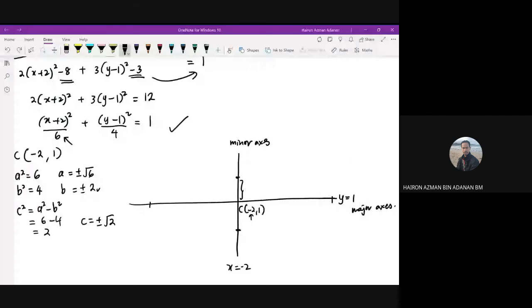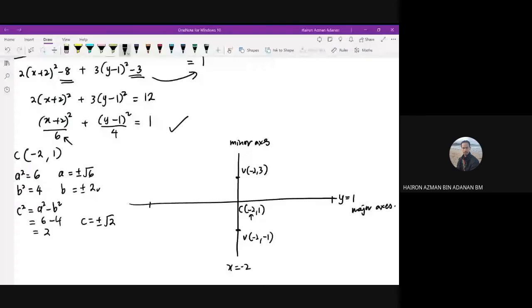So the value of y, you add b. Plus 2 and minus 2. So the center is vertical here, negative 2, 1 plus 2 is 3. Here the vertex also, negative 2, 1 minus 2, so negative 1. Okay, the value of a is plus minus square root 6.